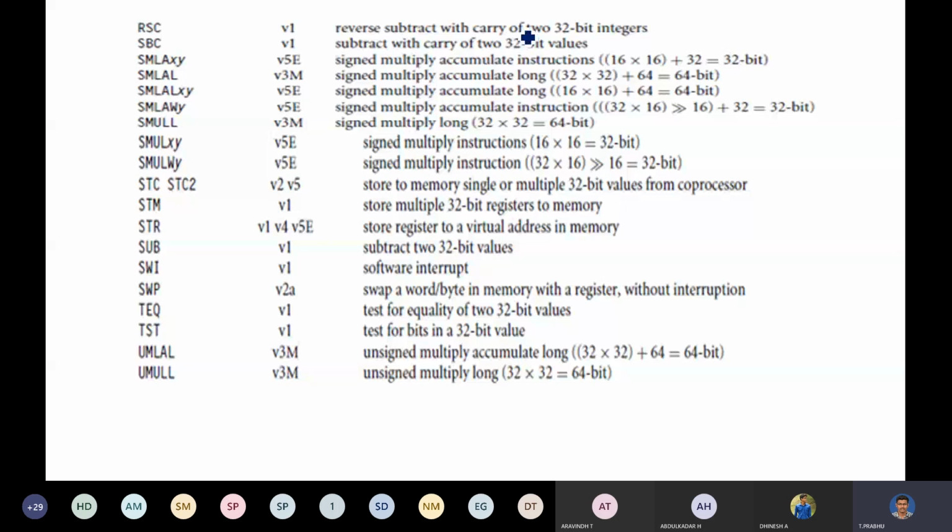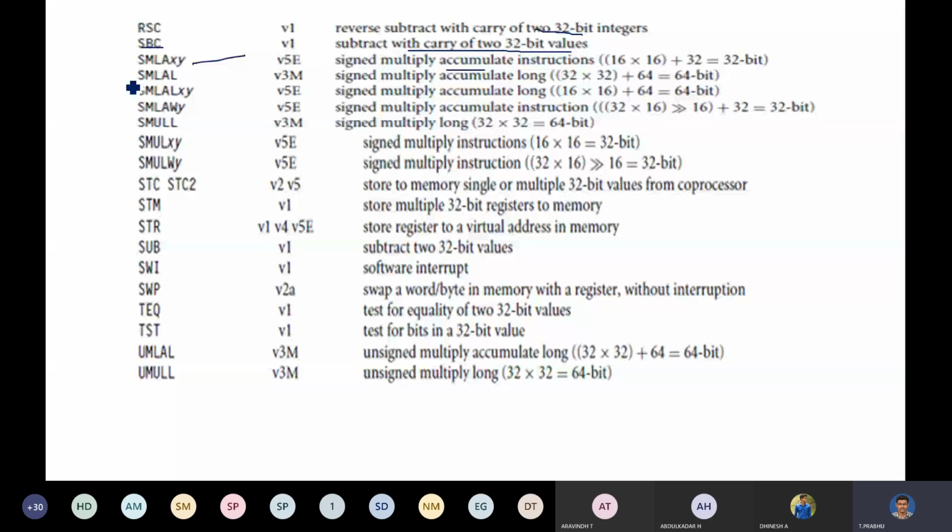Okay, so long is the 32 into 32 bit with 64 bit. Okay, then SMLAL is multiply accumulate long with 64 bit. Yes, 64 to 64 bit. Okay, SMLAxy. And then multiply accumulate 16 bit. So here it is signed multiply long with 32 bit, with 32 bit. Okay, so on the 16 bit and 32 bit.